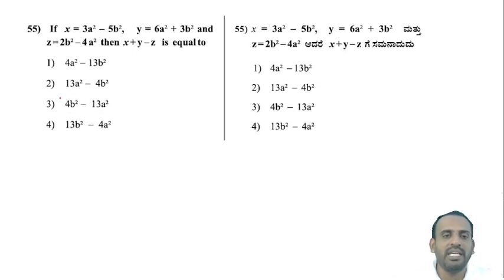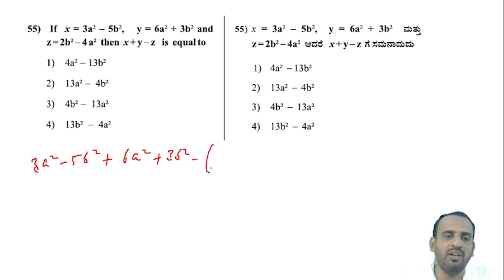Next one. If x is equal to 3a square minus 5b square, y is equal to 6a square plus 3b square, and z is equal to 2b square minus 4a square, then x plus y minus z. So let us add x plus y minus z. So first x we will write. x is nothing but 3a square minus 5b square plus y means 6a square plus 3b square minus z.